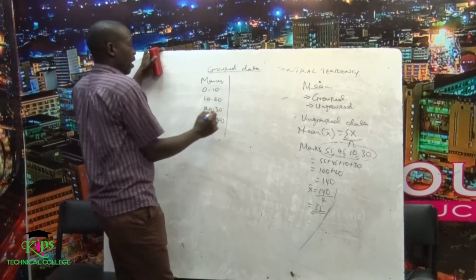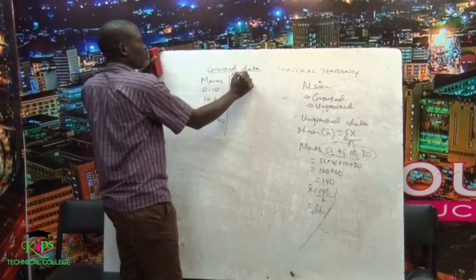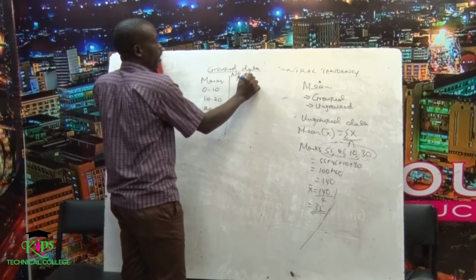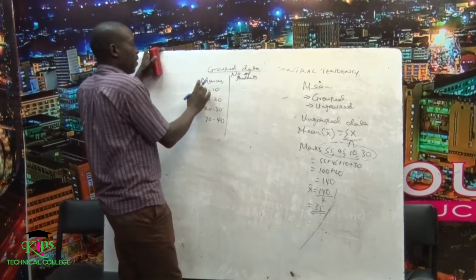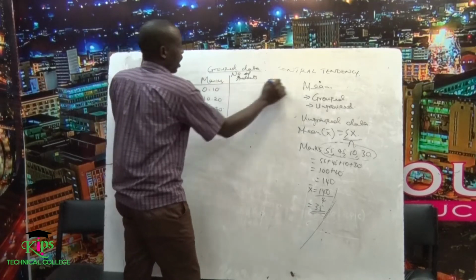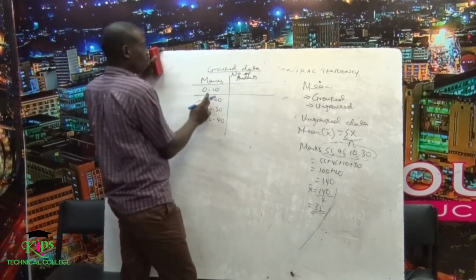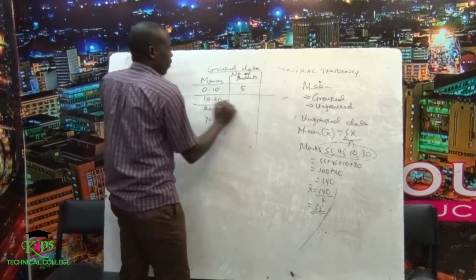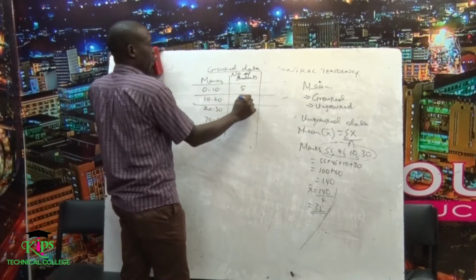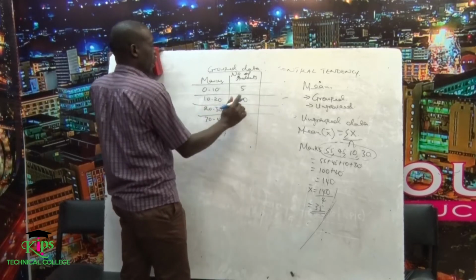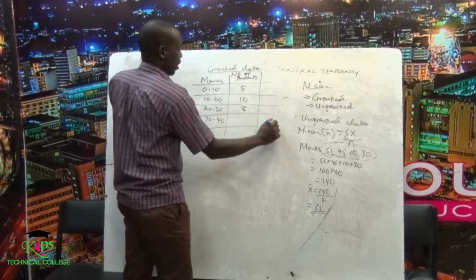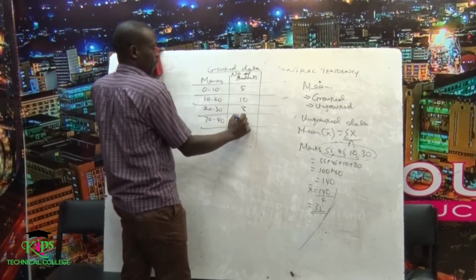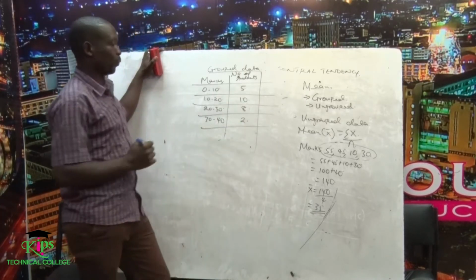And then we have the number of students who scored the marks in each class. Those who scored from 0 to 10 were 5 students. From 10 to 20, they were 10. From 20 to 30, they were 8, and from 30 to 40, maybe they were only 2.